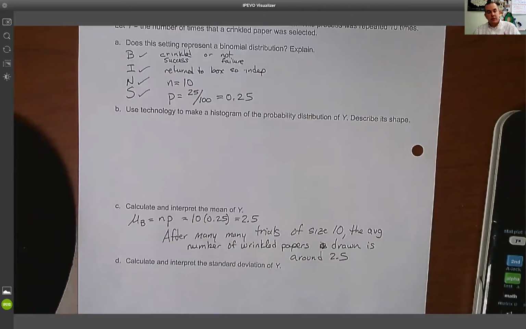Over long periods of time, doing this 10 times, I would expect the average to be 2.5.